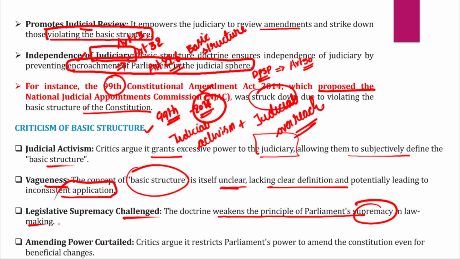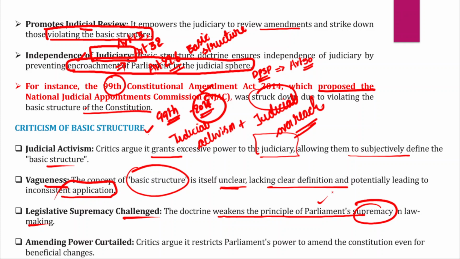Okay, so a parliament can make amendments to the constitution. In fact, the Constituent Assembly has provided certain powers to the Parliament to amend any part of the Constitution. However, the Supreme Court, through the basic structure doctrine, has taken away the unlimited powers of the Parliament, or parliamentary supremacy, when it comes to amendment of the Indian Constitution.